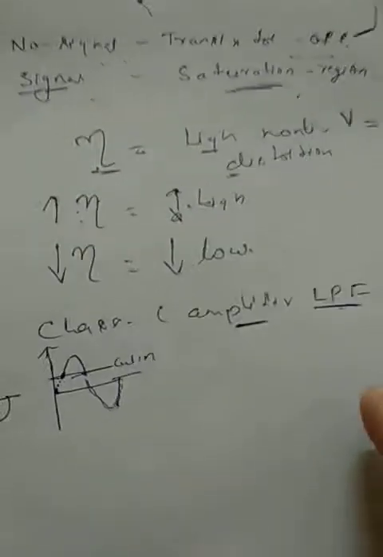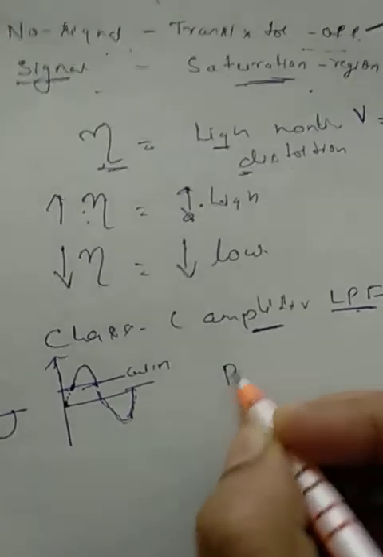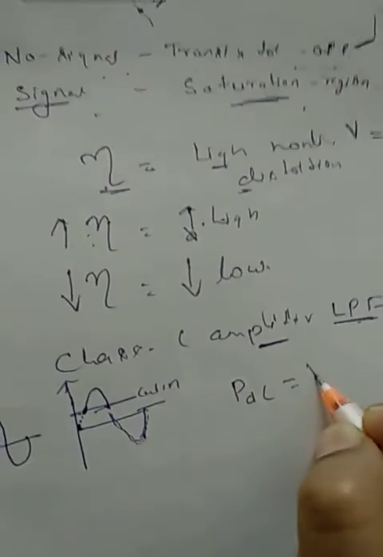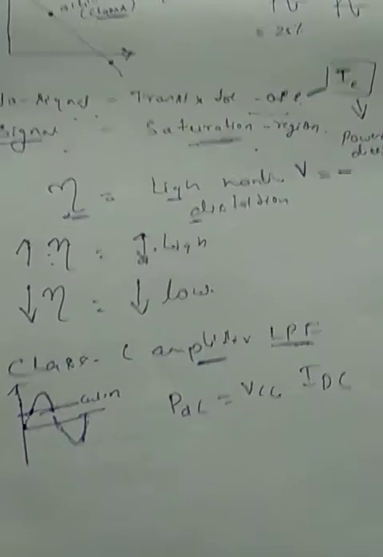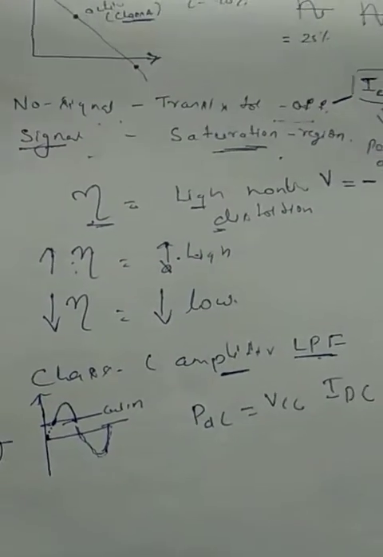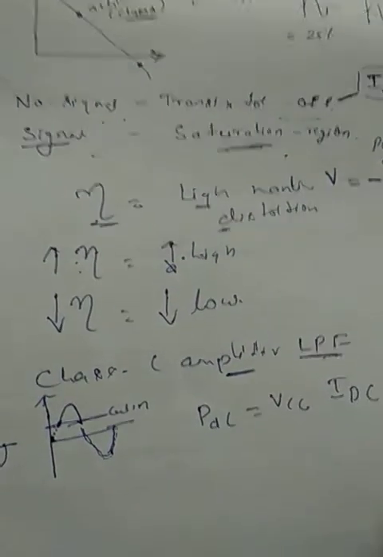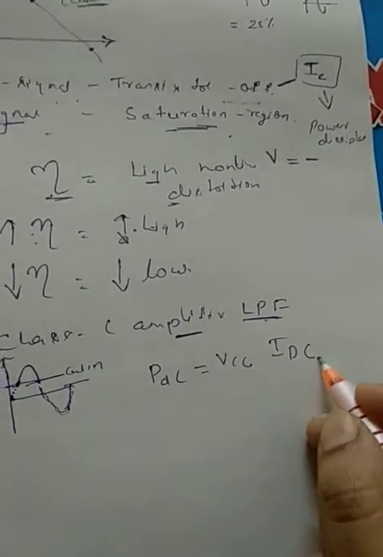The DC power supplied is given by PDC is equal to VCC into IDC. This is the DC power supplied, where IDC is the average value of the supply current.